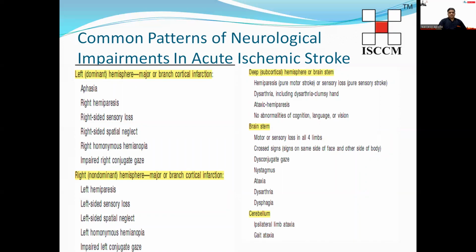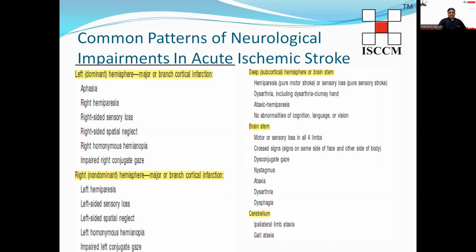In a right non-dominant hemisphere major or branch cortical infarct: left hemiparesis, left-sided sensory loss, left-sided spatial neglect, left homonymous hemianopia, and impaired left conjugate gaze. In a deep subcortical or brainstem infarct: hemiparesis, pure motor or sensory loss, pure sensory stroke, dysarthria, clumsy hand, ataxia hemiparesis, with no abnormality in cognition, language, or vision.